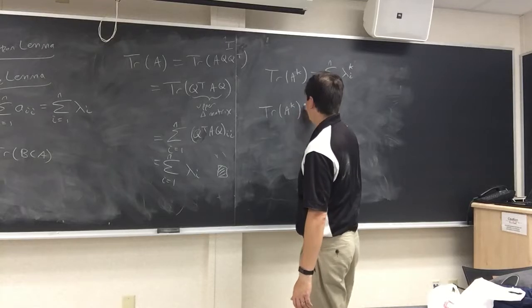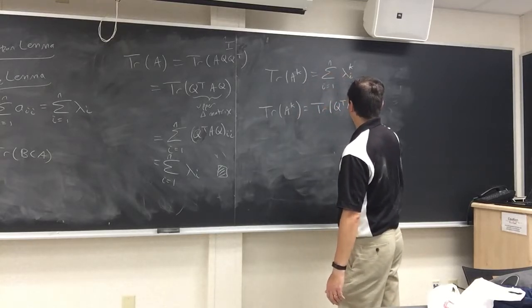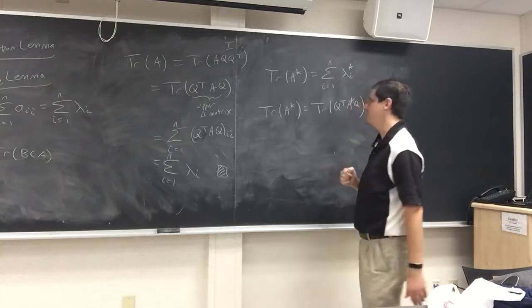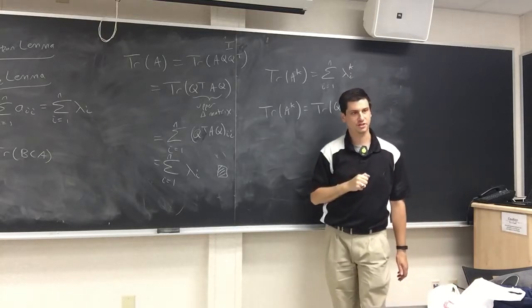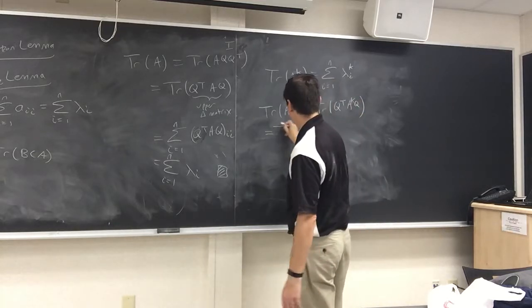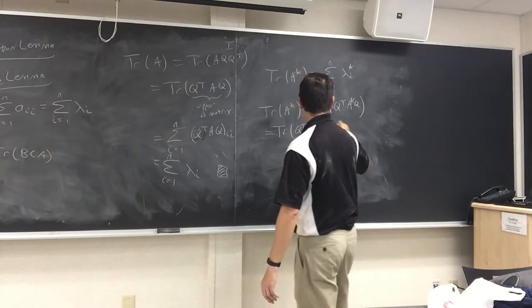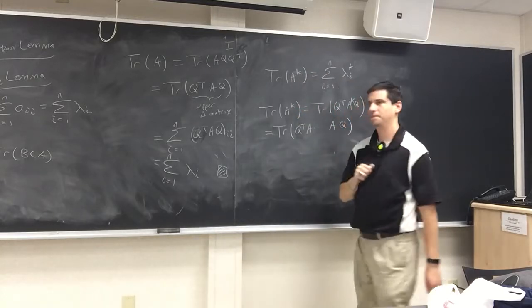The trace of A to the k is the trace of Q transpose A to the k Q, because the trace is cyclic. And now what we're going to do is just massive amounts of multiplying by 1.